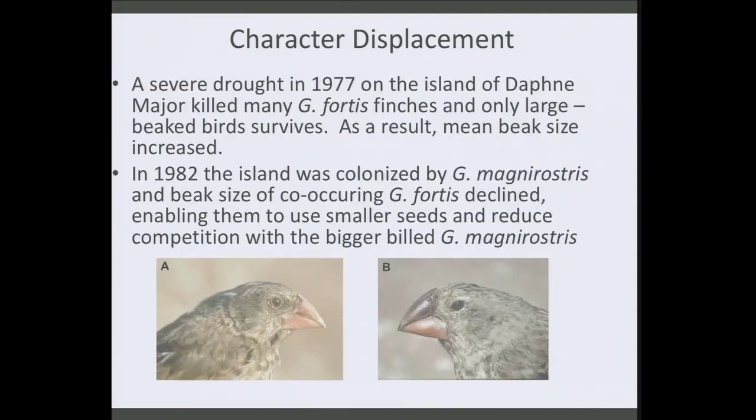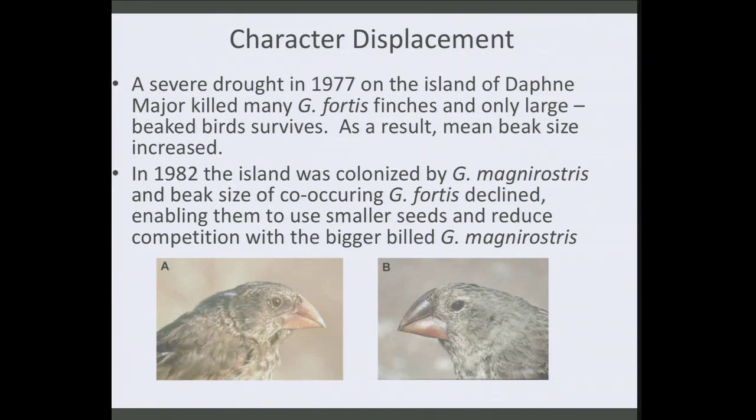Interestingly, when environmental events occur, like what happened in 1977 on Daphne Island, where large numbers of finches will die, so if that competitive species dies off, the mean beak size of the ones that survived might actually change.